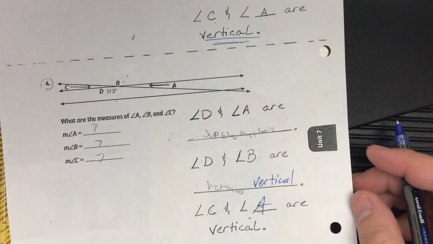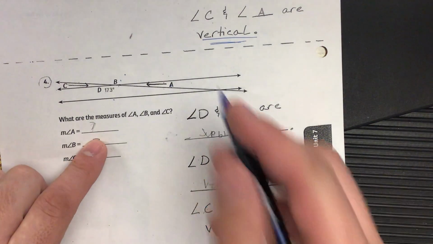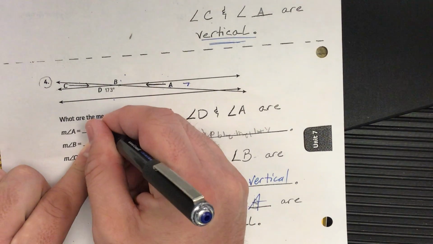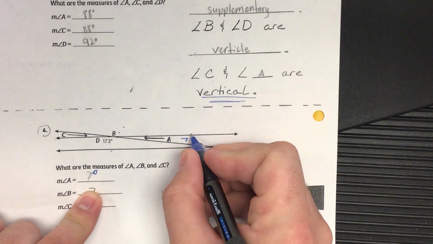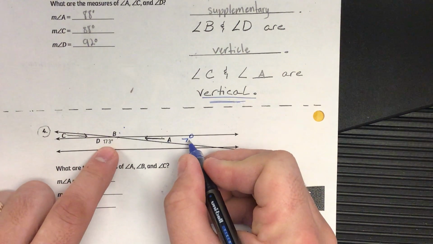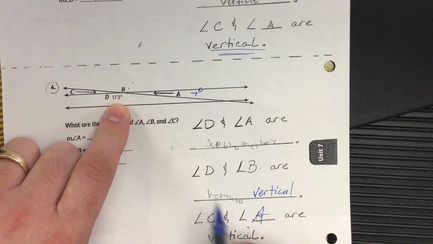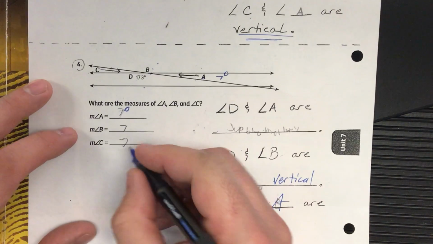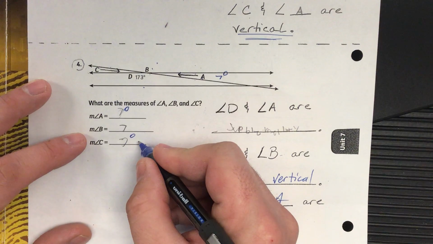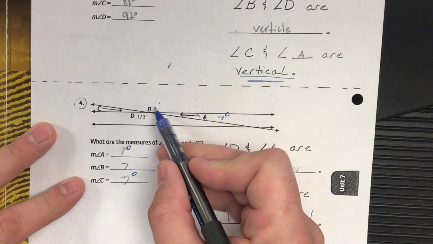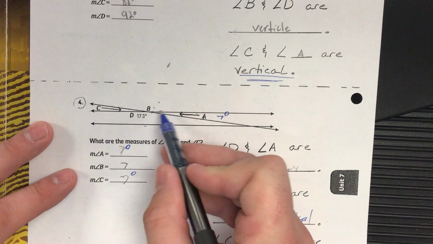All right, so let's check. Angle A, 7. Label degrees, Mr. Caleb. They equal 180. So what's across from A? You just told me A and C are across from each other. So C is 7 degrees. B is certainly not 7. Look how big that thing is.